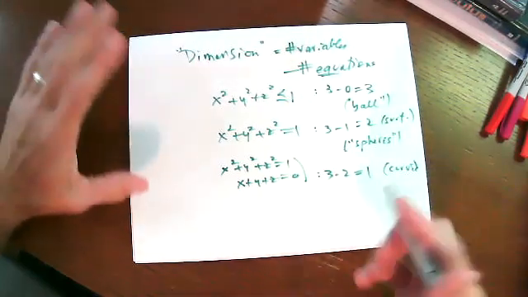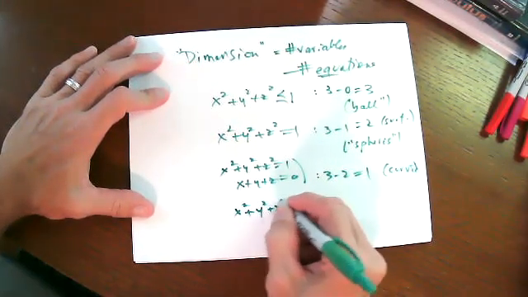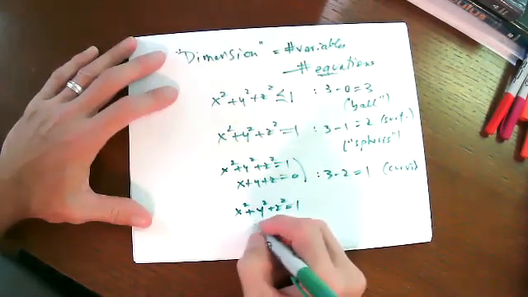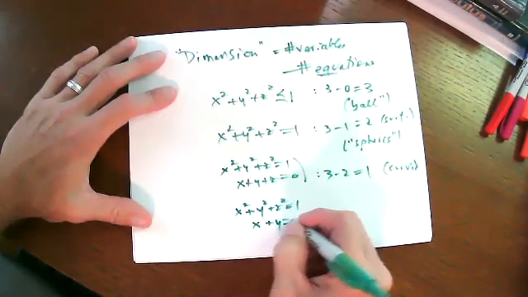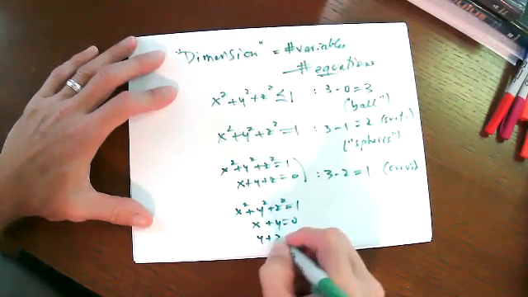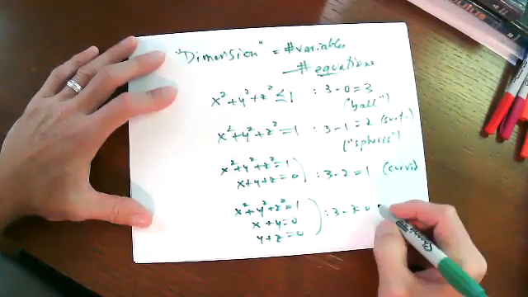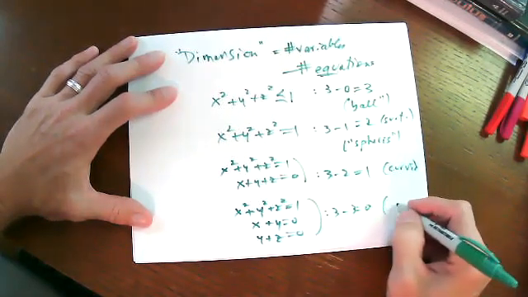I haven't made too much of a big deal about it, but if you write down three equations and three unknowns, then the number of dimensions of the resulting set would be 3 minus 3, which is 0, and a zero-dimensional set just means a finite number of points.